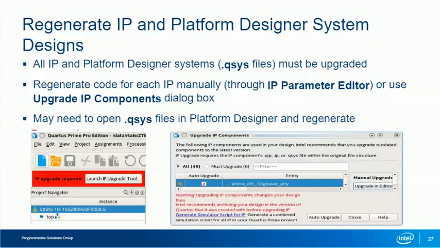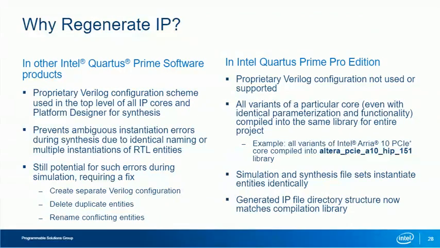The Upgrade IP Components dialog box should also be able to regenerate any Platform Designer system designs in the project. If you encounter any errors during this process, open the system's QSys file in Platform Designer and regenerate the files there. So why is it necessary to regenerate IP when migrating to the Intel Quartus Prime Pro Edition?